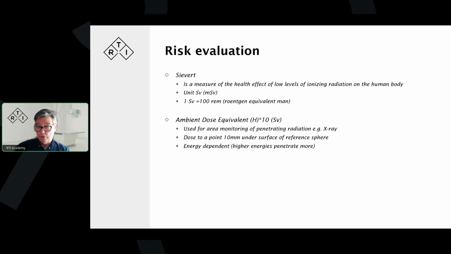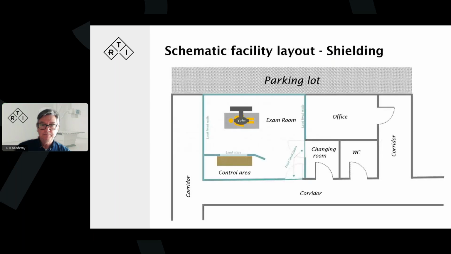There's one for the H star 0.07, which is for eyes, the ambient dose equivalent, the risk evaluation for radiation to the eye, for instance. So they're different ones. Typical ones for a room survey would be the H star 10. And that's the one that we're using for the sievert values in RTI Scatter Probe.